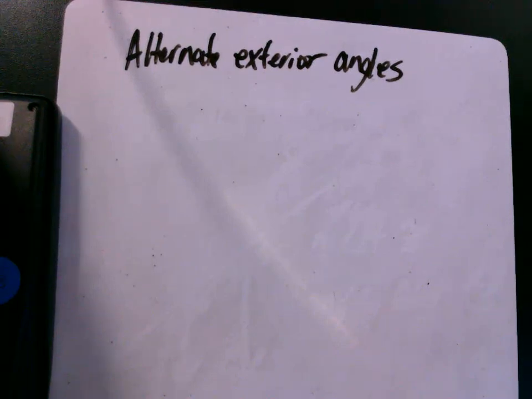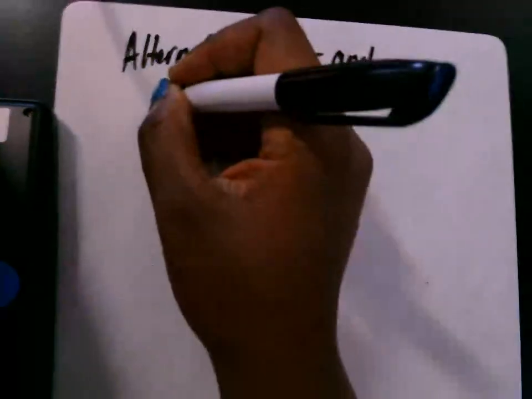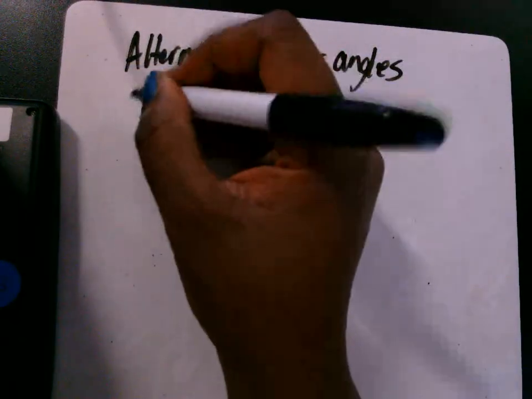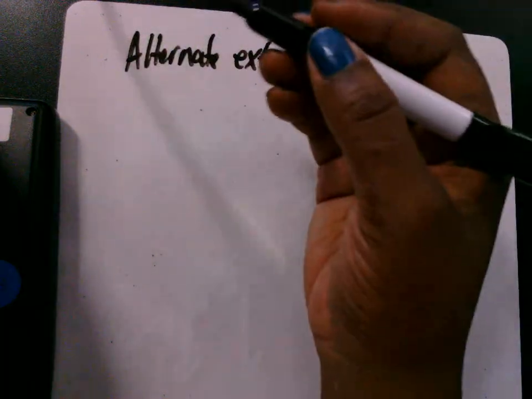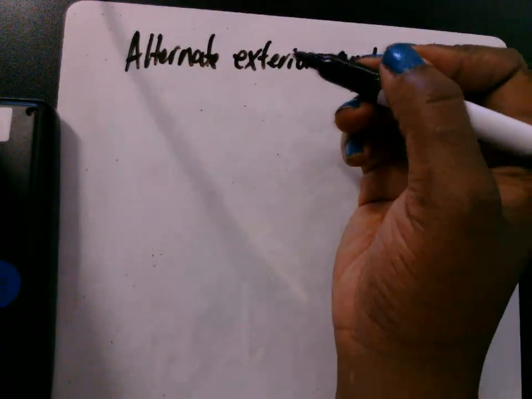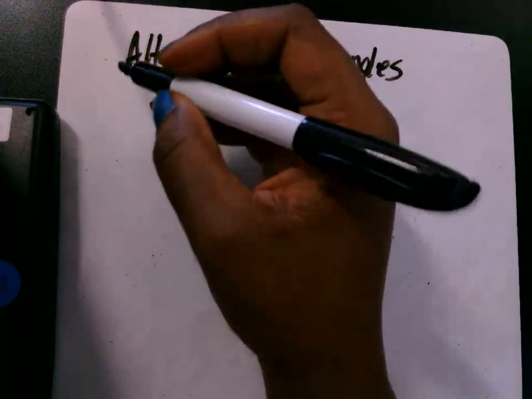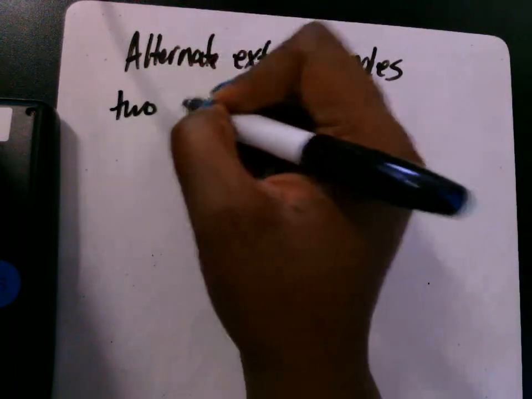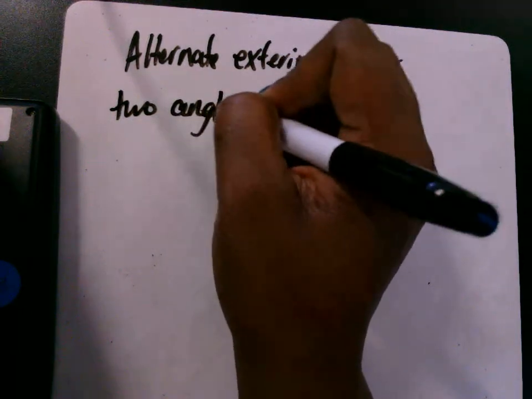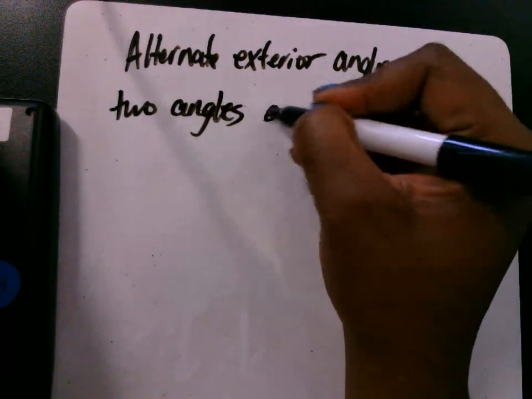All right. Alternate part is opposite. So these are two angles that are on opposite ends, and they are on the outside of those parallel lines cut by a transversal. Two angles, okay? Or angles. I put angles last time.